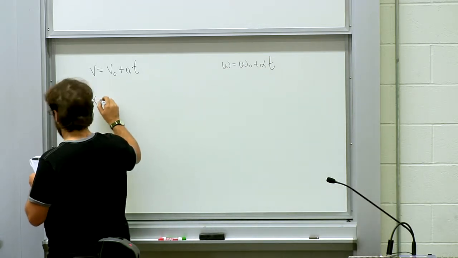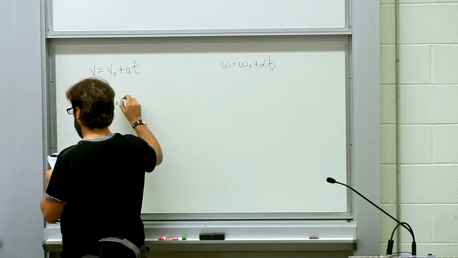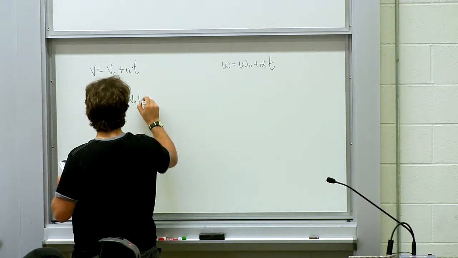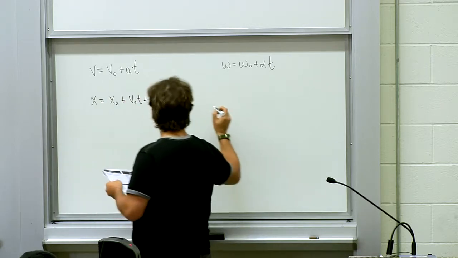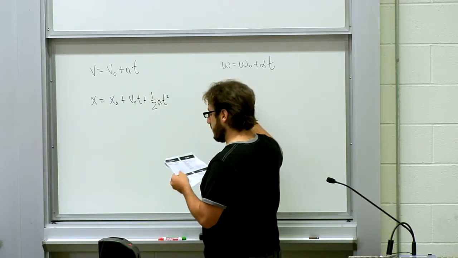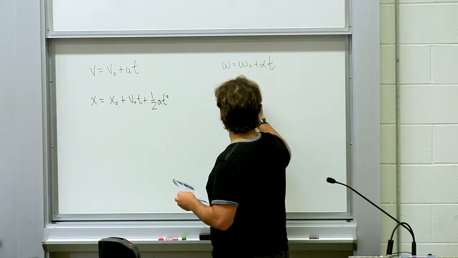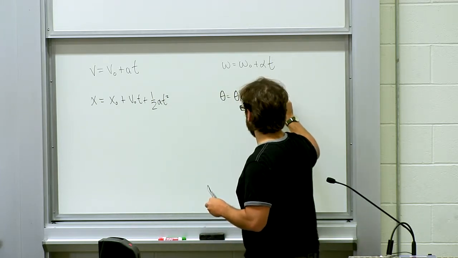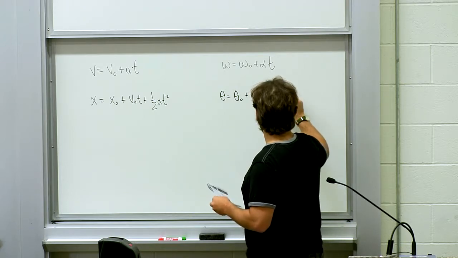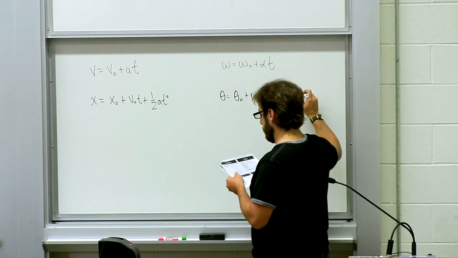And where you had the most general equation x0 plus v0t plus 1/2 at squared, now you can write theta is theta 0 plus omega 0t plus 1/2 alpha t squared.